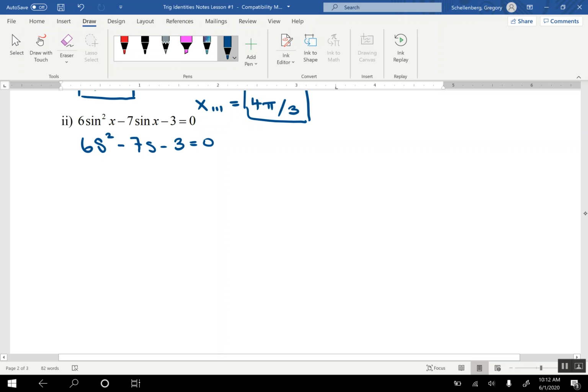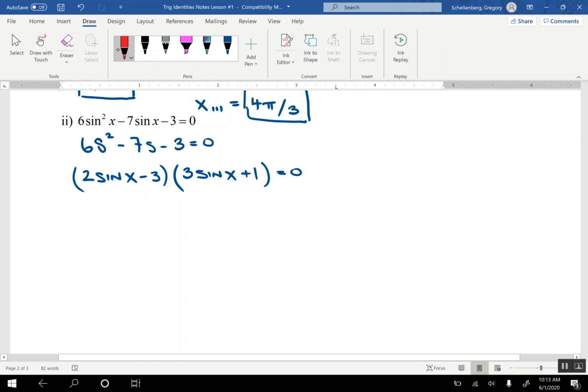And we're going to factor this. So we'll get 2, and I'll replace s with the sine of x again. So we're going to get 2 times the sine of x minus 3. And this is going to be times 3 times the sine of x plus 1. And this is equal to 0.